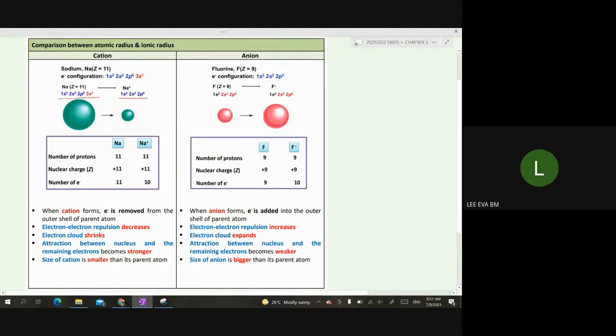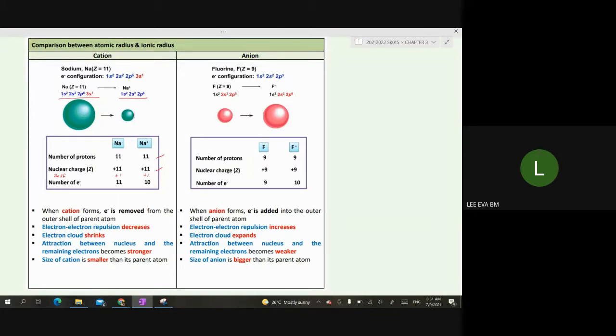Number of protons is the same because it's the same element. Nuclear charge, all the same. Effective nuclear charge also the same. If you want to write it down, effective nuclear charge is +1, also the same. But the number of electrons is different. Okay, so we are comparing the differences.